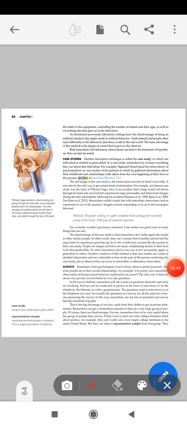Next one is case study. Case study means we choose one case. That case might be a person's case, and we can get into great detail of that person. For example, I am a person, and I will tell everything about my life, what has happened, what has not happened, and so on.